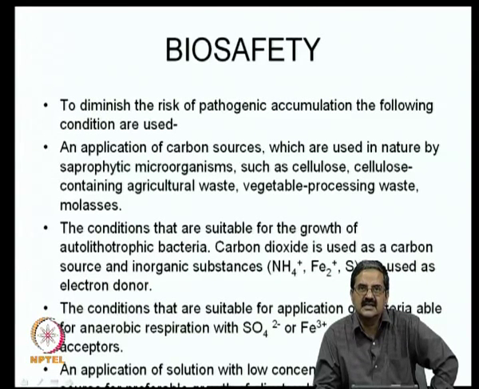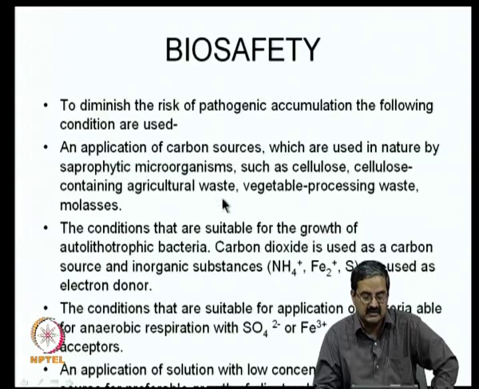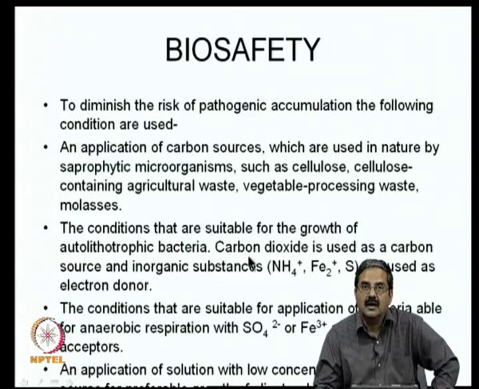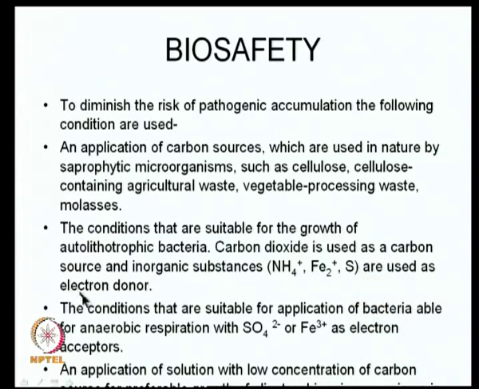To diminish the risk of pathogenic accumulation, the following conditions are used: an application of carbon sources which are used in nature by saprophytic microorganisms, such as cellulose-containing agricultural waste, vegetable processing waste, etc. Conditions that are suitable for the growth of autolithotrophic bacteria, where carbon dioxide is used as carbon source and inorganic substances are used as electron donors.